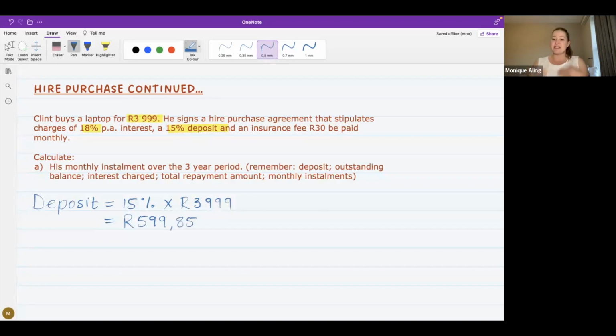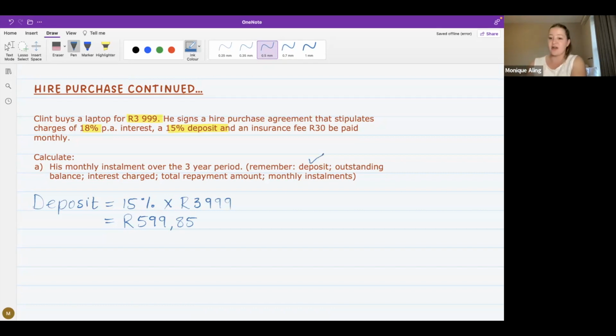Because he's paying 15% upfront, he's paying 599 Rand and 85 cents before all his monthly payments start. Okay, so we have worked out the deposit. That is the first payment being made.